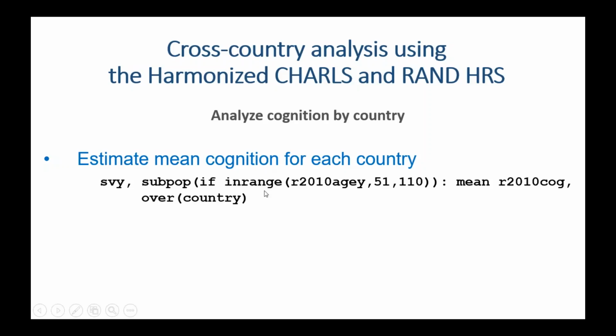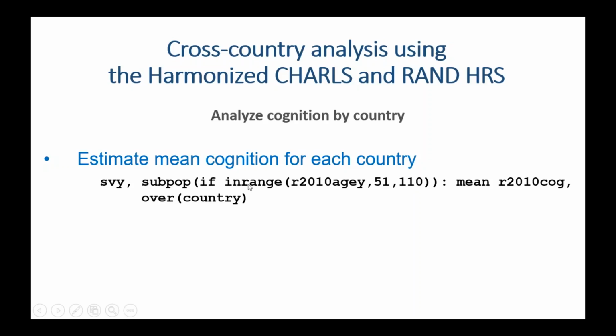So I'm using this inrange condition, and if you're not familiar with Stata, it just says between the ranges listed here, with a second and third argument and this variable as the first argument. So for anyone whose 2010 age is between 51 and, kind of our top age here, 110. We don't want to produce an estimate for other people.